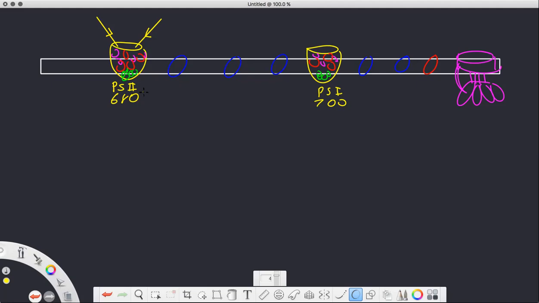Now what happens is this energy is actually transferred to the atoms which make up these chlorophyll molecules. And we can easily understand, if finally the energy is transferred to the atoms, who is getting this energy? Electrons, because electrons can absorb the energy, and the electron moves to the next level.